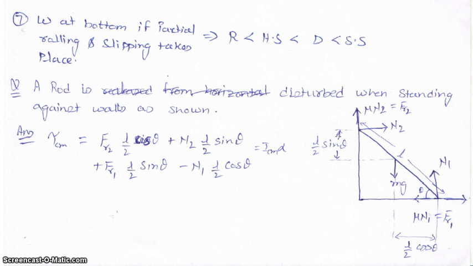Similarly, N2 into its perpendicular distance, which is L by 2 sin theta. These two torques are in the same direction about the center. Friction 1 has the same direction torque, but N1 has opposite direction torque. So these two torques will add, and subtracting these torques, we get the net torque about the center of mass of the rod, I_CM alpha, and equating these values we can get the value of alpha.